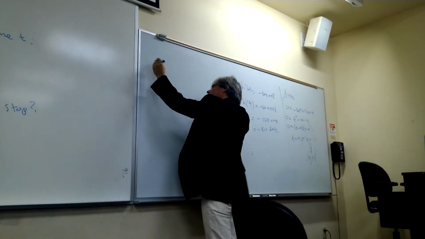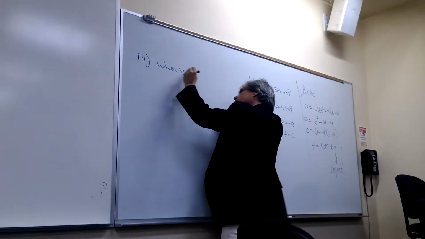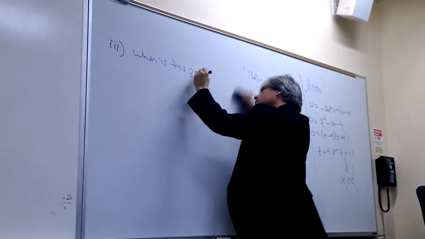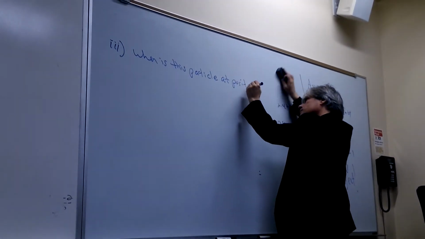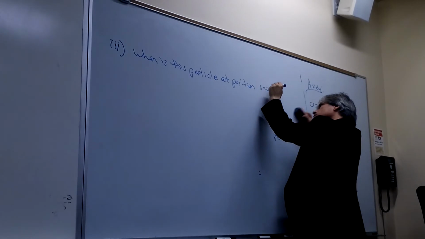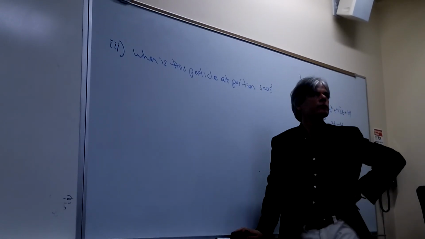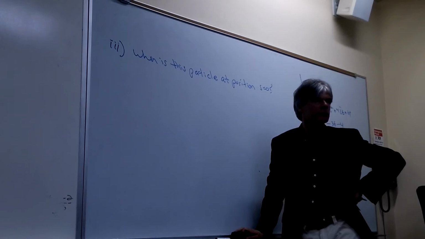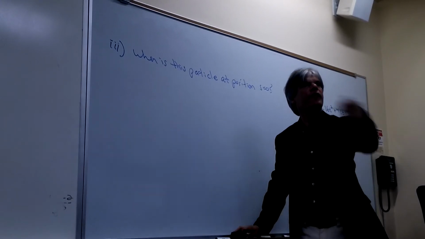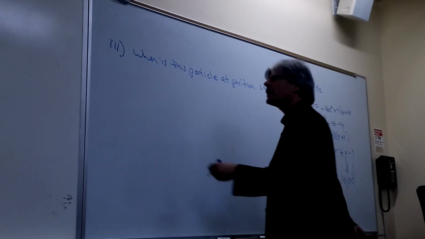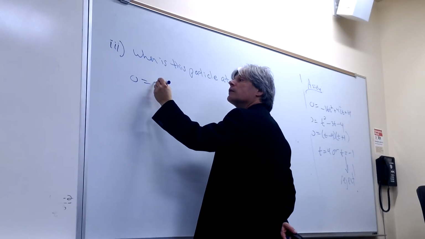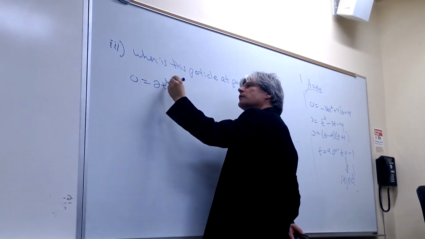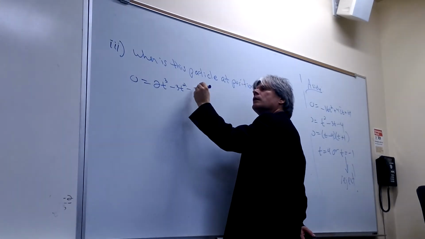What about this question? S equals 0, so plug in 0 for s in the original equation. 0 is equal to 2t cubed minus 3t squared minus 12t plus 18.